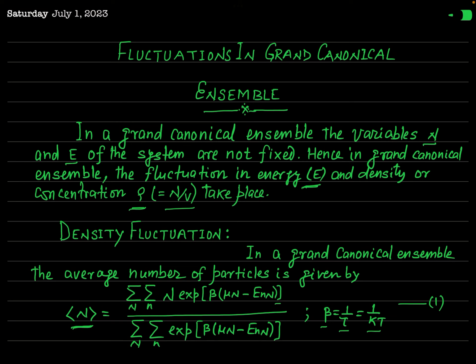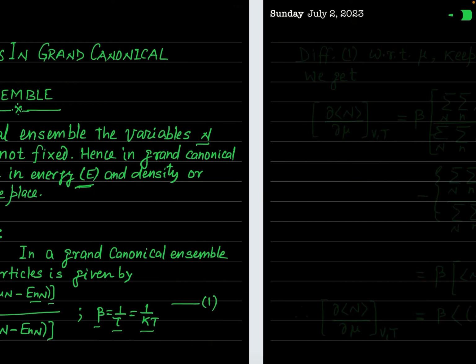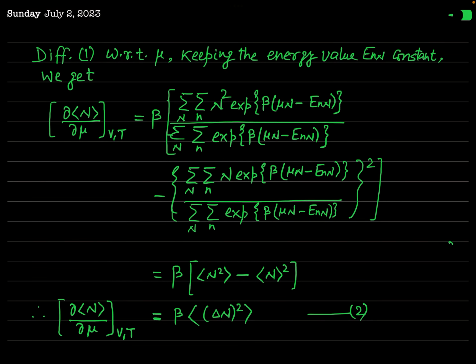Now we will simply differentiate partially this average value of number of particles with respect to the chemical potential per particle mu, keeping the energy E and N constant. When you differentiate equation 1 with respect to mu, what will be your result? I have not done here all the steps of differentiation. This is just a simple differentiation and you can try it.